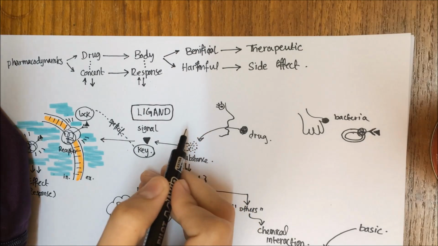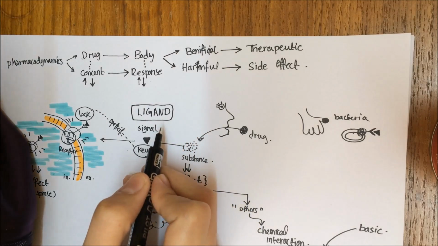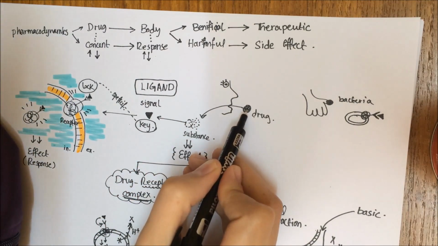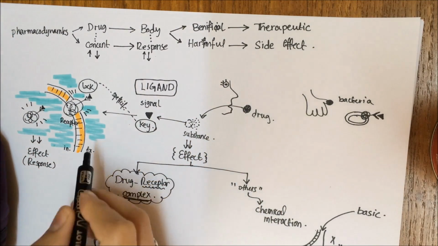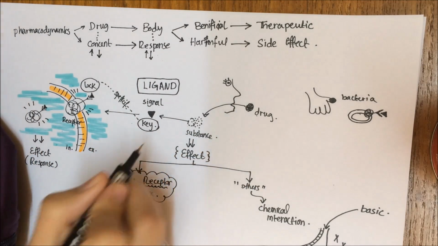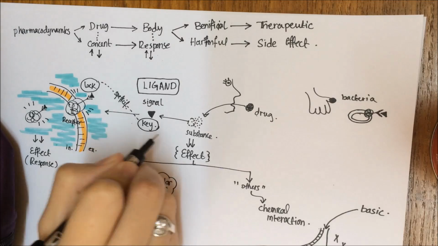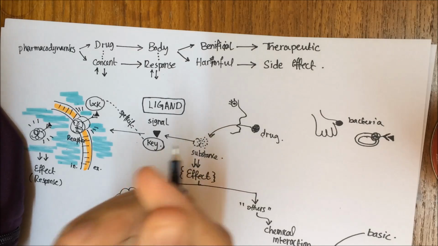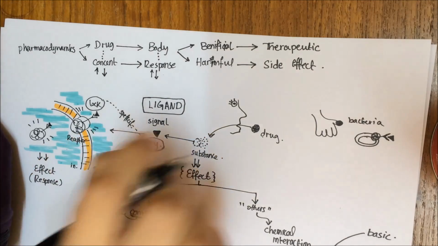Because sometimes we might add additional modifications, additional substances to this drug, for example, to avoid the acidity of the stomach, or to make it more absorbable. But what we are concerned with here is the very pure molecule that is going to make the specific effect of this drug.